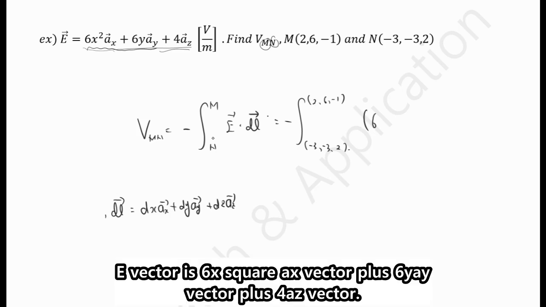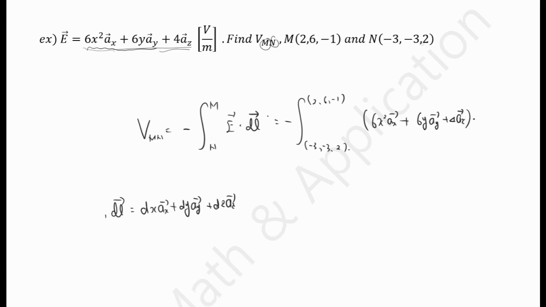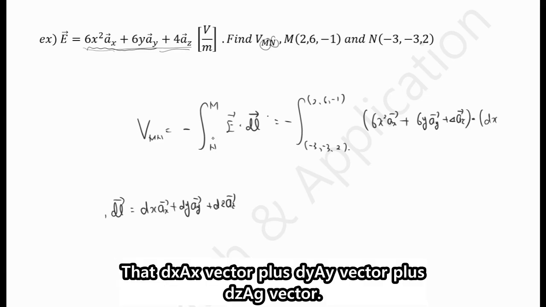The E vector is 6x squared a_x vector plus 6y a_y vector plus 4 a_z vector, dot dx a_x vector plus dy a_y vector plus dz a_z vector.